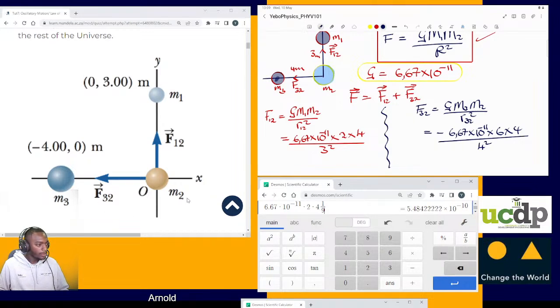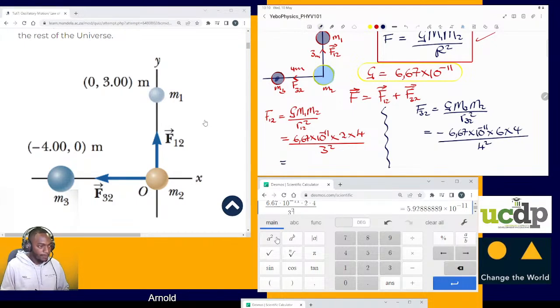Let me start with a fraction. Right, that looks better.